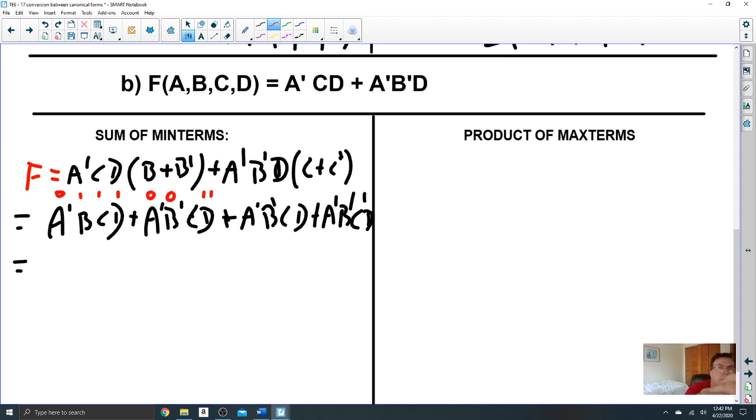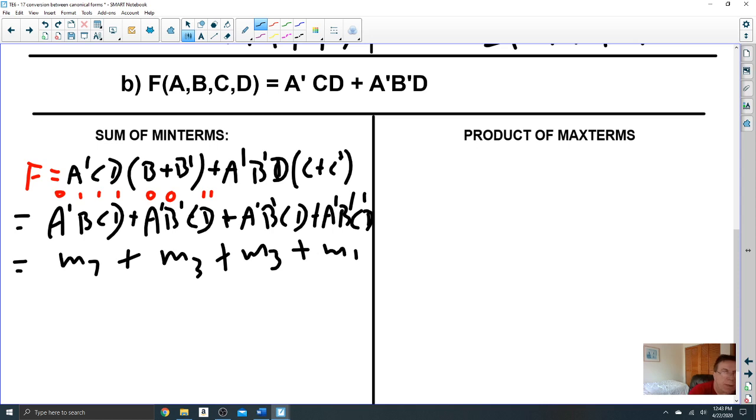So let's continue. 0, 1, 1, 1 is minterm 7, plus 0, 0, 1, 1 is minterm 3. And the third term is 0, 0, 1, 1, same, plus minterm 3. And the fourth one is 0, 0, 0, 1, minterm 1.